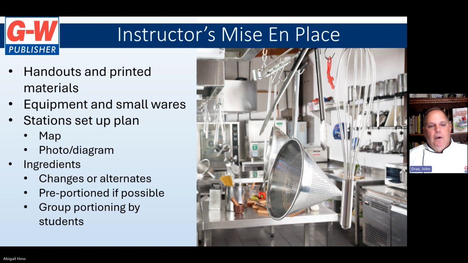Another option, or kind of a side note to this, is if you don't have the time or the labor to get everything pre-portioned, have students portion items by group.